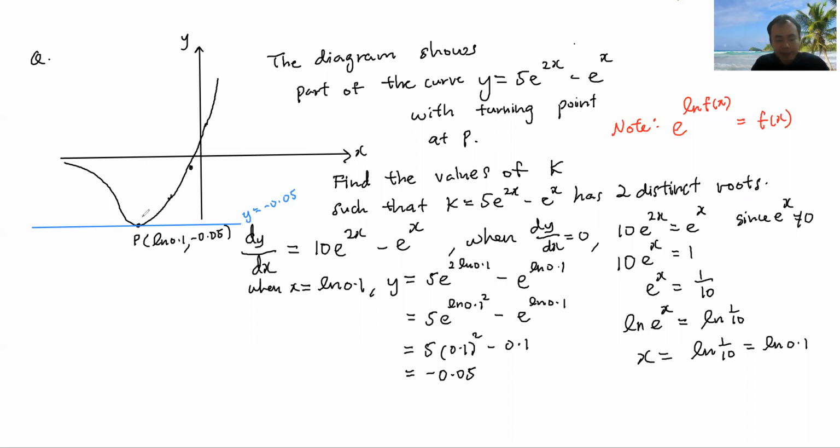But you realize that if I choose a horizontal line that is above y equals negative 0.05, it will be able to cut the curve twice. So basically, I can draw any horizontal line here. Let's draw a few. I can draw a horizontal line, say here. This will cut the curve twice. If I draw another horizontal line here, it will also cut the curve twice.